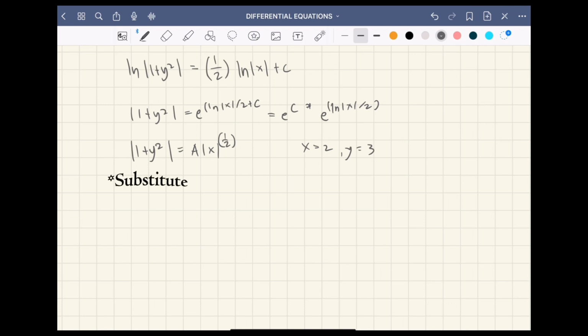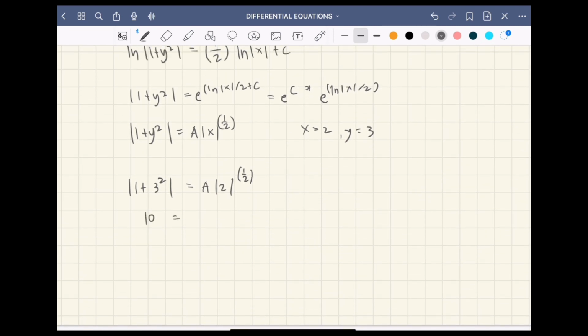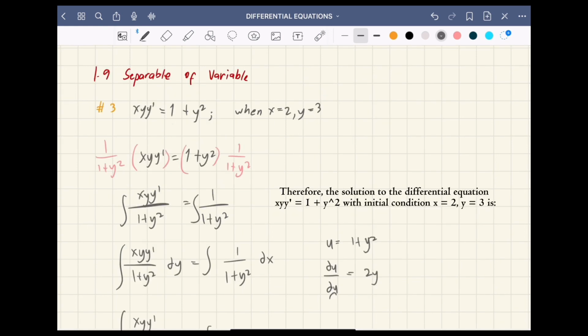So 1 plus 3 squared equals a times 2 raised to 1/2. 10 equals a times square root of 2. So a equals 10 over square root of 2.